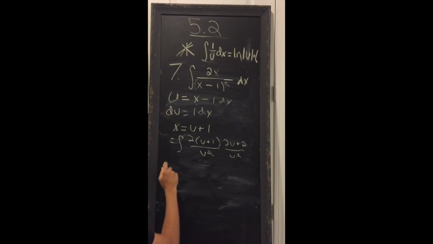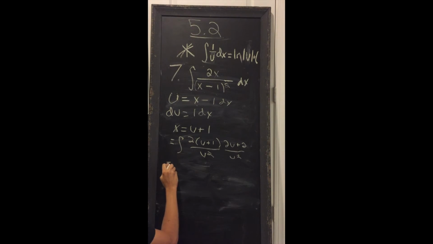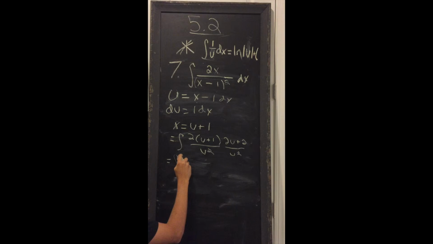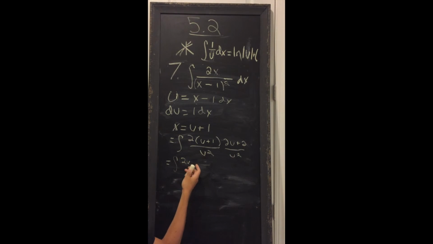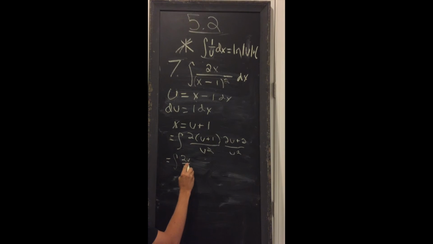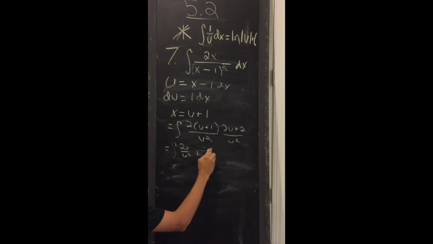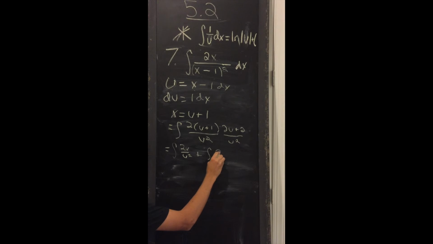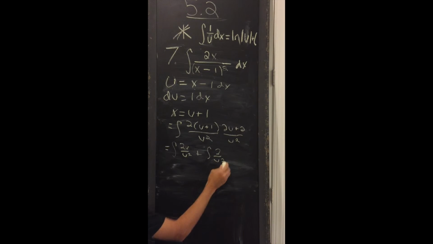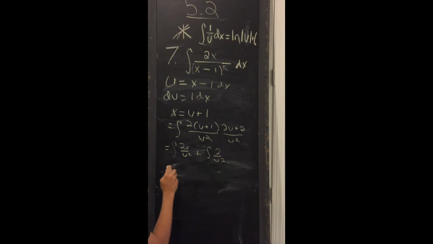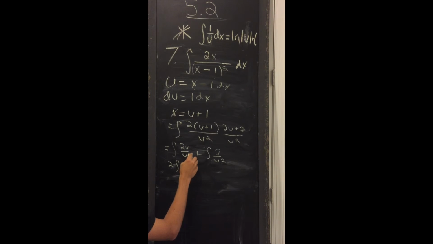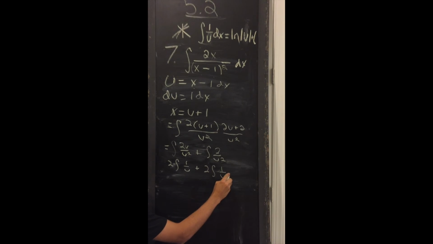You can change that to be the integral of 2u over u squared plus the integral of 2 over u squared, and we can take out a 2 on both sides to make it 2 times the integral of u over u squared, which is also 1 over u if you simplify it, plus 2 times the integral of 1 over u squared.